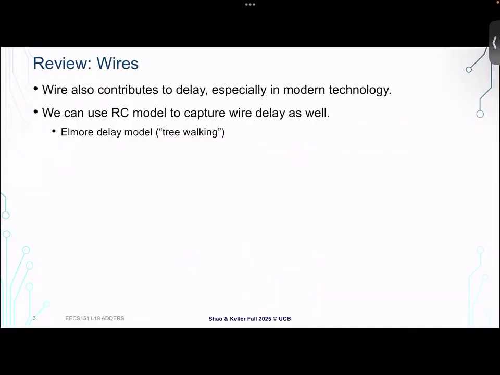And we can use this RC model to capture wire delay pretty well. It's not perfect, it's an approximation. The very advanced EDA tools will actually use a more sophisticated delay model for wires, but for hand calculations and getting a rough estimate, this works perfectly well.